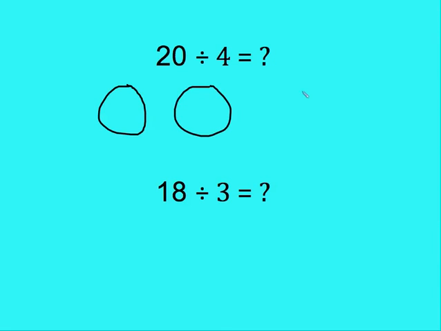1, 2, 3, 4. Now some kids get freaked out by the word division, but really division is just sharing equally. It's what you've done since you were a little kid.